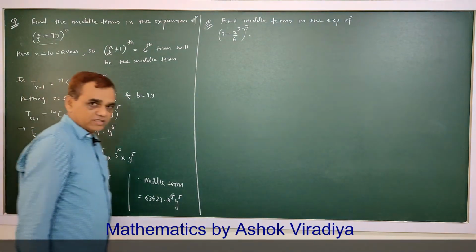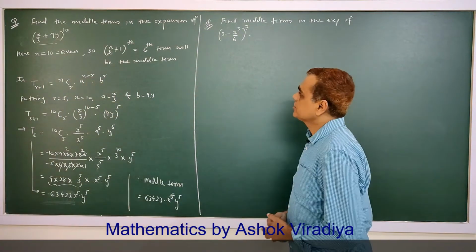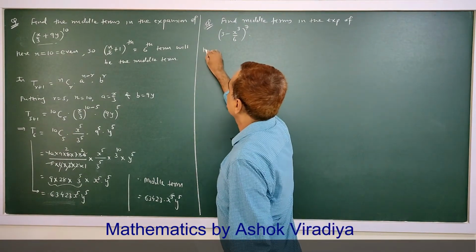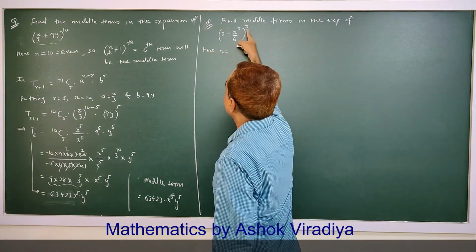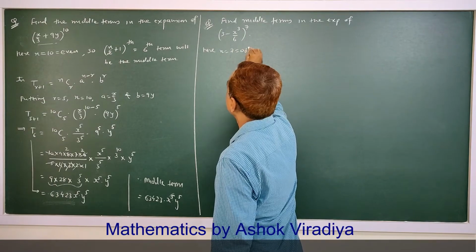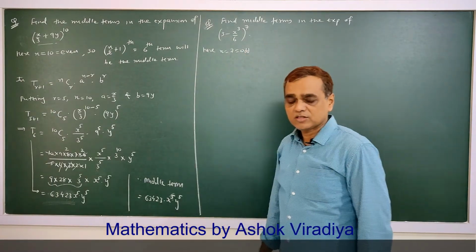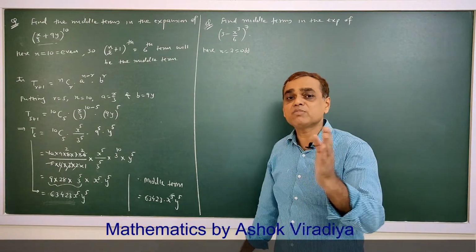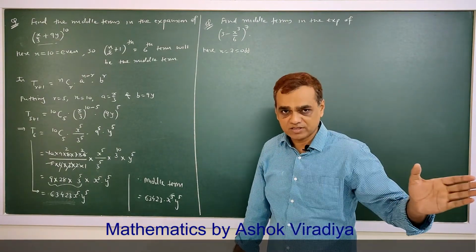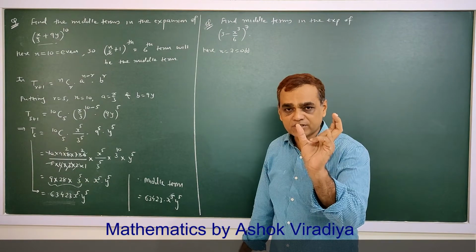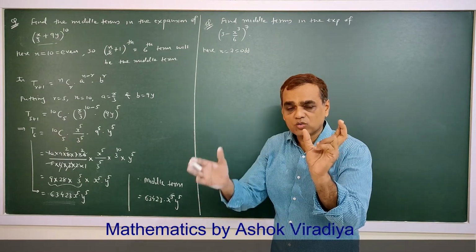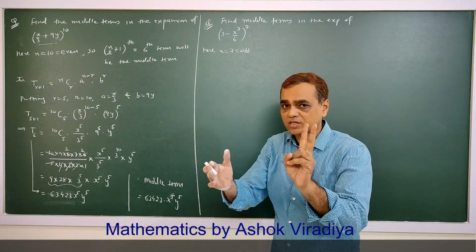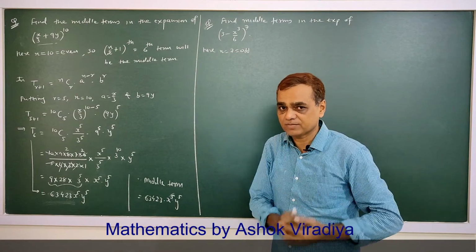Now in this question, n is 7 and 7 is odd. So if you think practically, then the expansion has 7 plus 1, 8 terms. The expansion has 8 terms, so there are two middle terms, 4th and 5th.